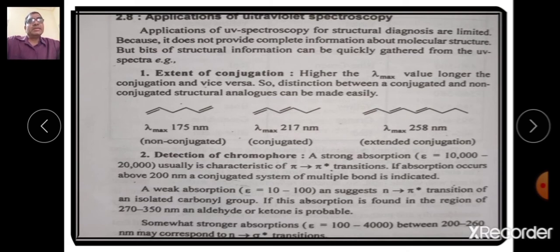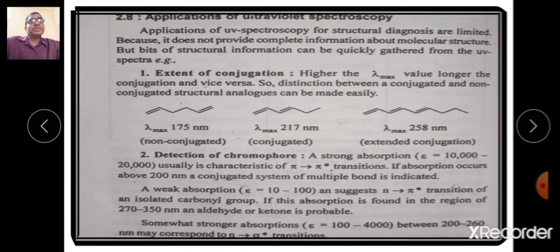Okay. The second is detection of chromophores. A strong absorption usually is the characteristic of pi to pi star transition. If absorption occurs above 200 nanometer, a conjugated system of multiple bonds is indicated. While weak absorption suggests n to pi star transition of an isolated carbonyl group.